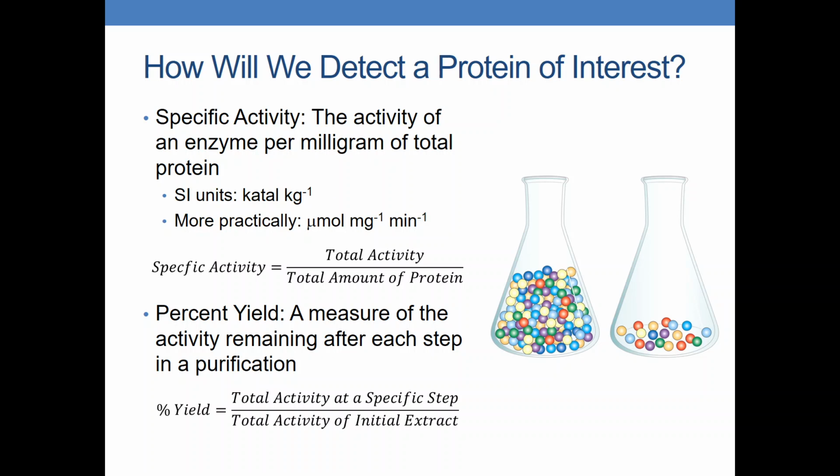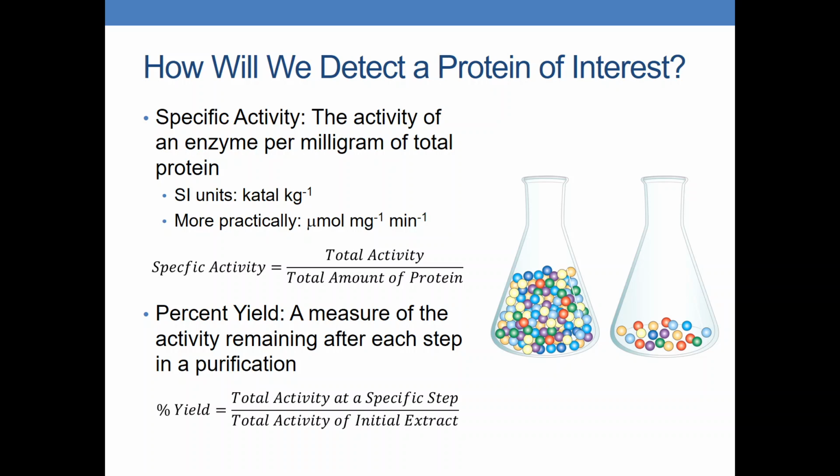You have your assay, you have your method to observe enzymatic function. Now, what are you going to do with that information? Well, what we're going to do in the context of a protein purification protocol is apply something called the specific activity. We're going to use specific activity to quantify purification efficiency.